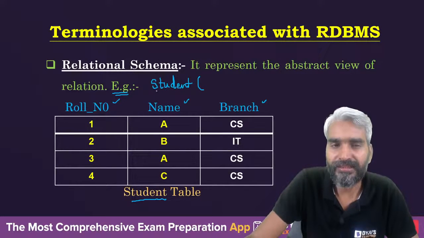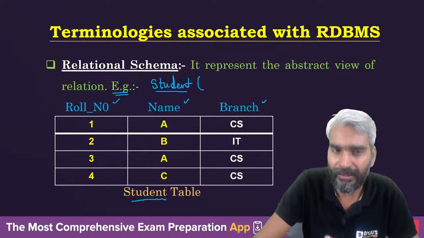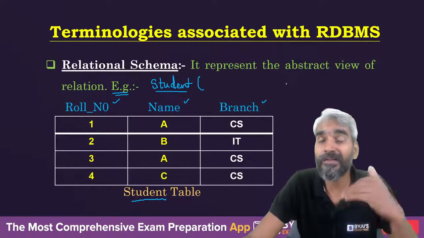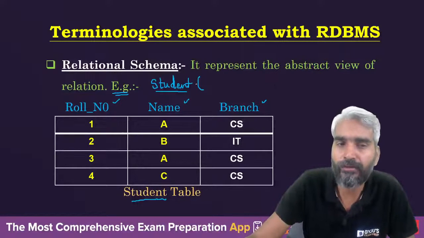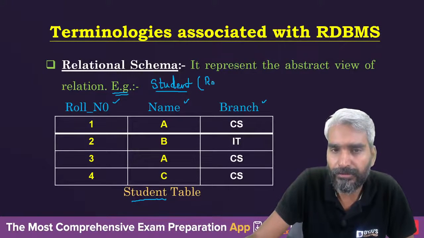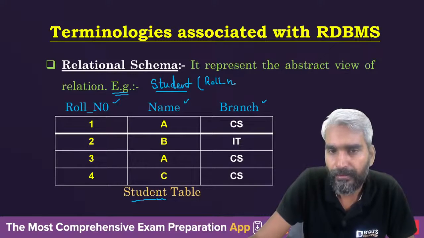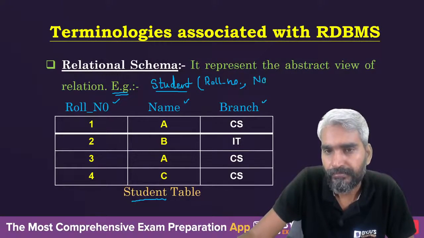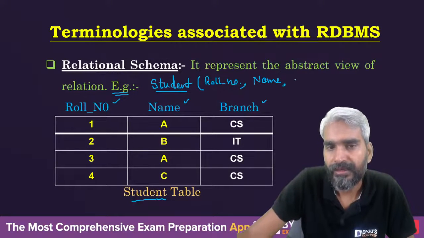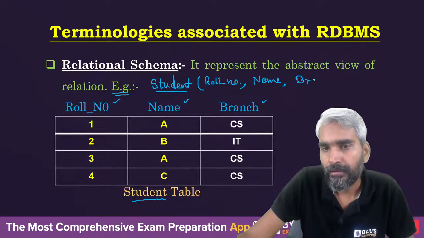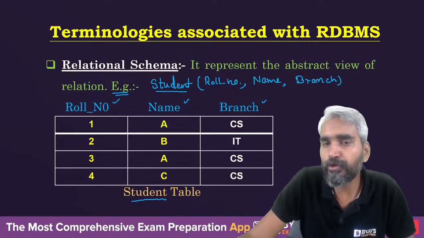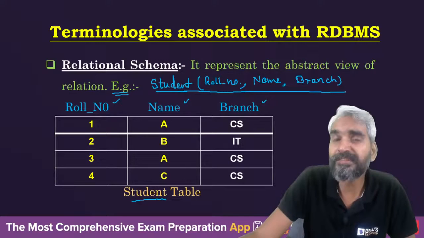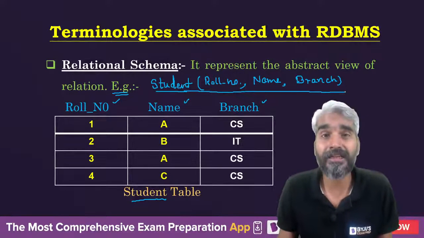This is the name of the relation or the name of the table, and inside the brackets you define the different attributes of this particular relation. The first attribute is roll number, name and branch. If somebody gives you only this much information, that this is the relational schema, then what do you know?